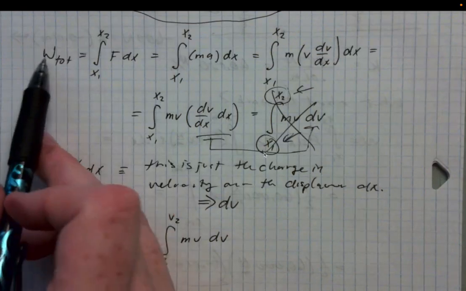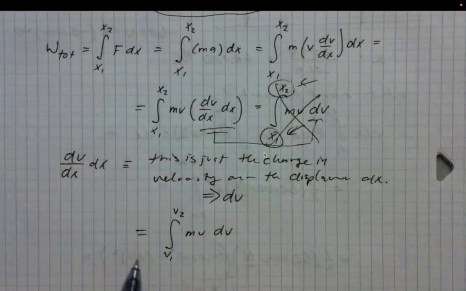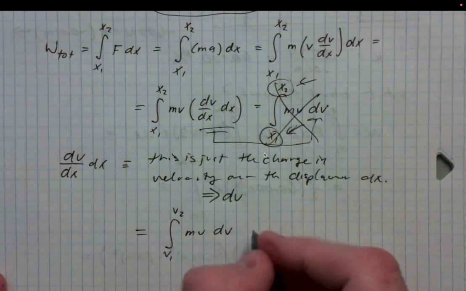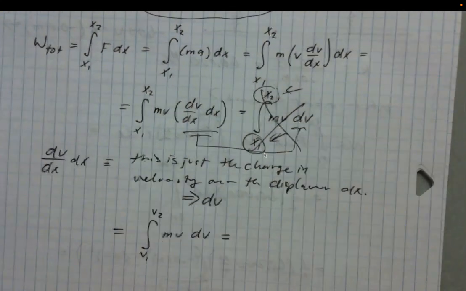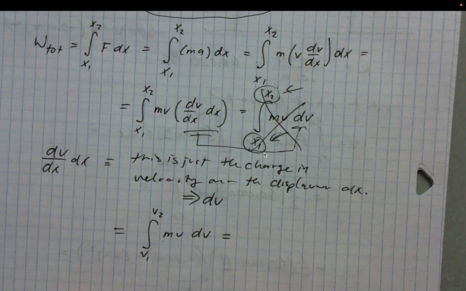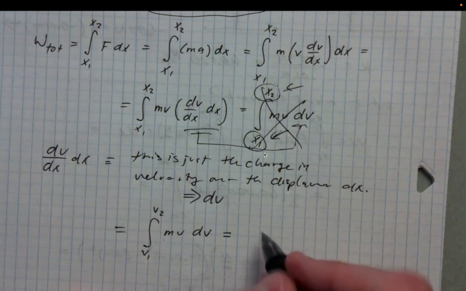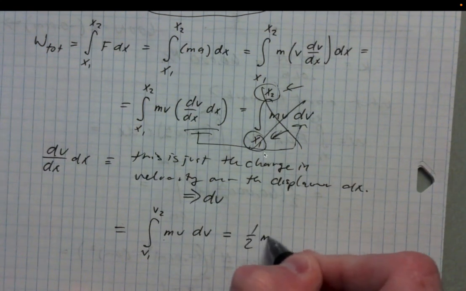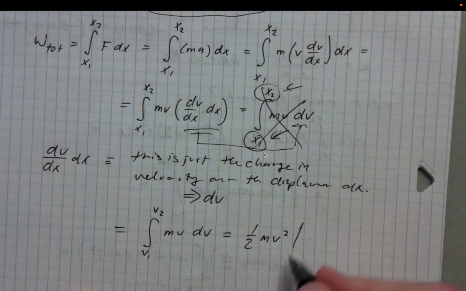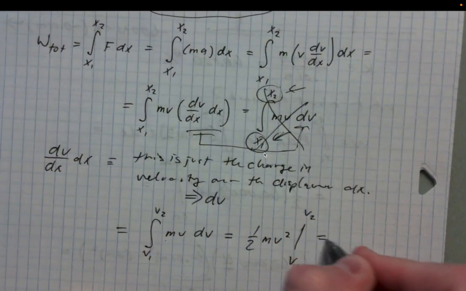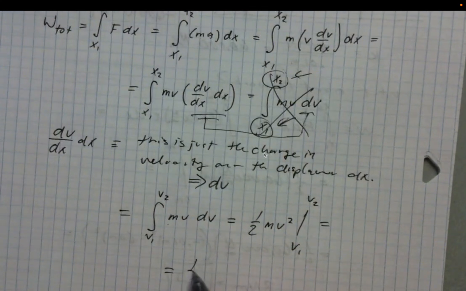And so the total work is equal to the integral from the initial to the final velocity of mv dv. Can we integrate this? m is just a mass, v is just the velocity, so yes, we can definitely integrate. This is 1/2 mv squared between v1 and v2, so that's going to be 1/2 mv2 squared minus 1/2 mv1 squared.